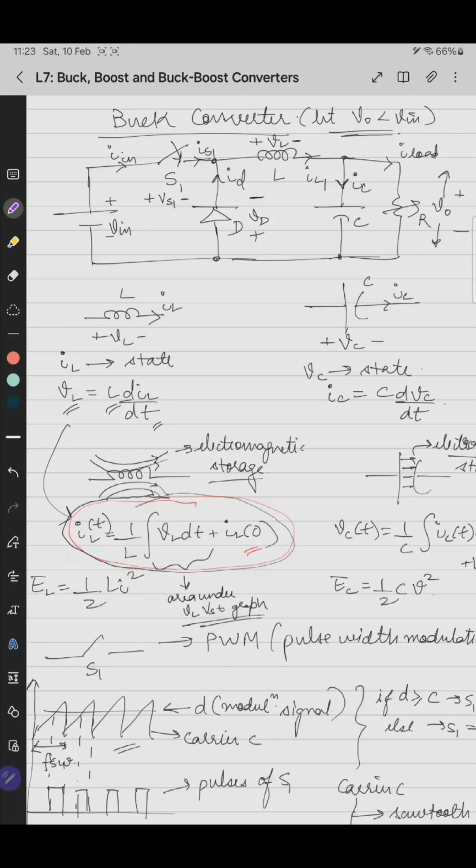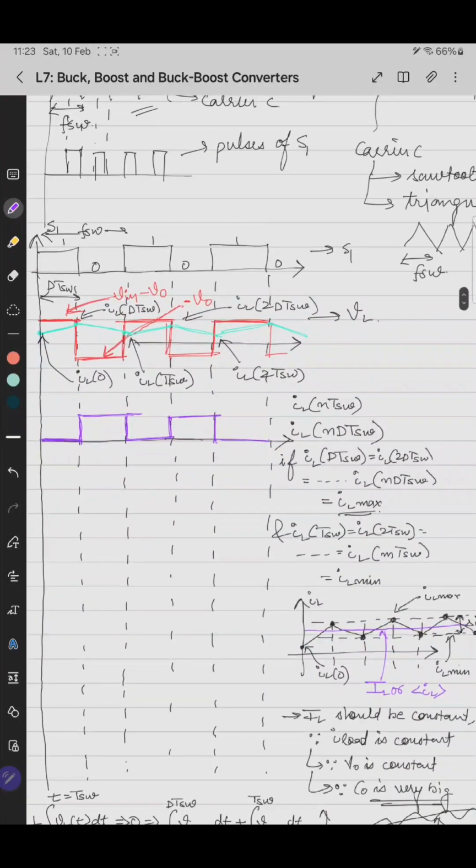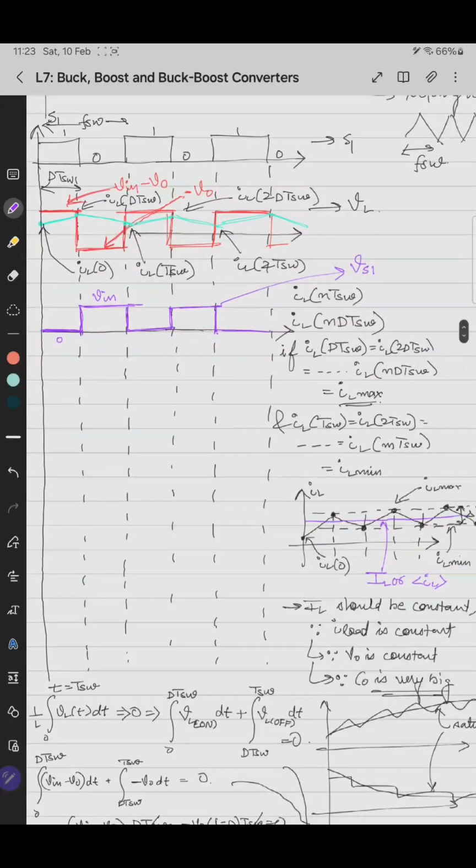Forward bias means it will be short circuited. So voltage across the switch will be V in. So this is 0, this is V in. This is the voltage across the switch Vs1.